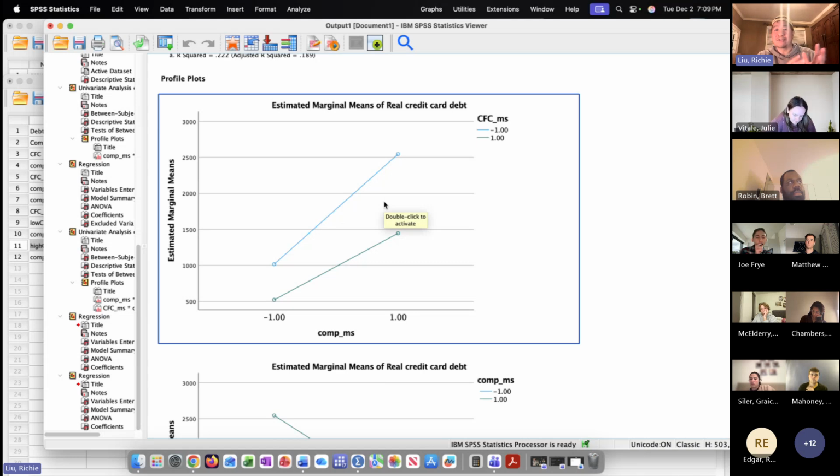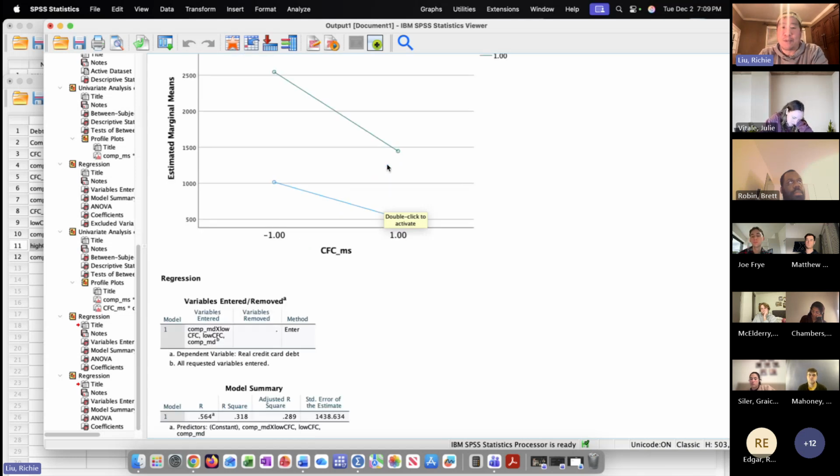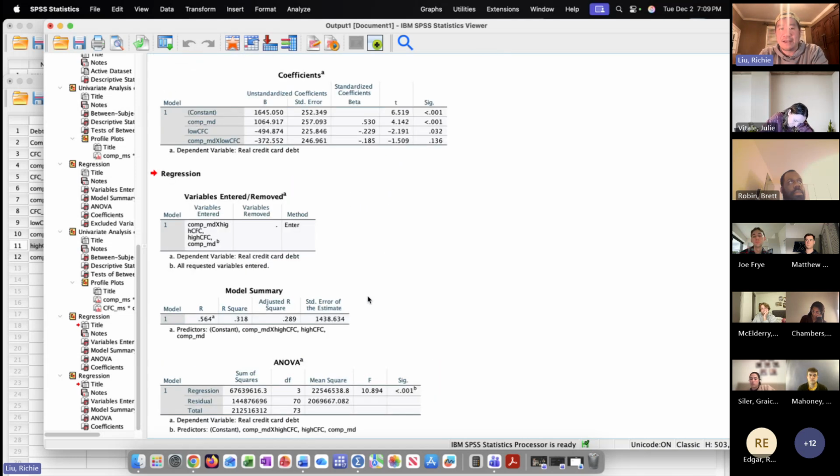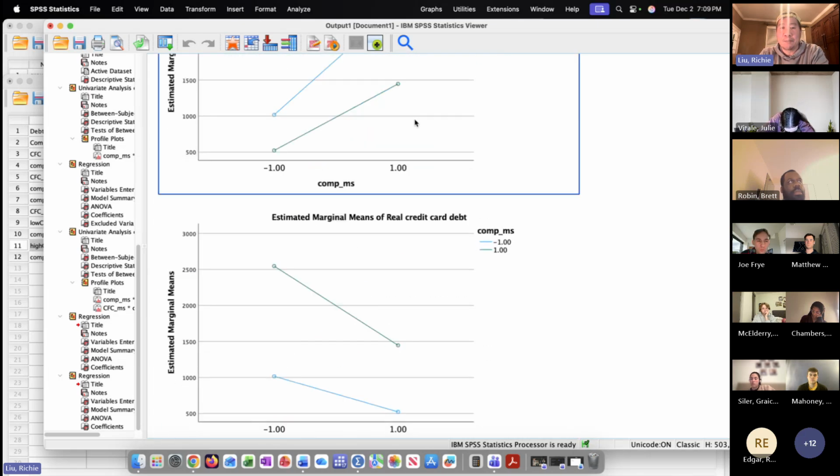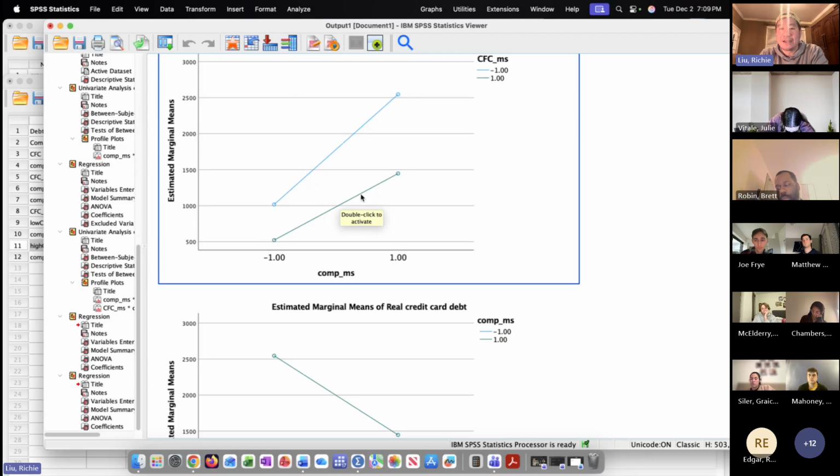But at the bare minimum, you have to be able to say, my slope test suggested that low CFC was significant across compulsive buying tendencies, such that people with higher compulsive buying tendencies had greater debt at low CFC versus lower compulsive buying tendencies, and that the slope for high CFC was not significant. So essentially, high CFC people didn't really differ in debt across high or low compulsive buying tendencies. Okay.